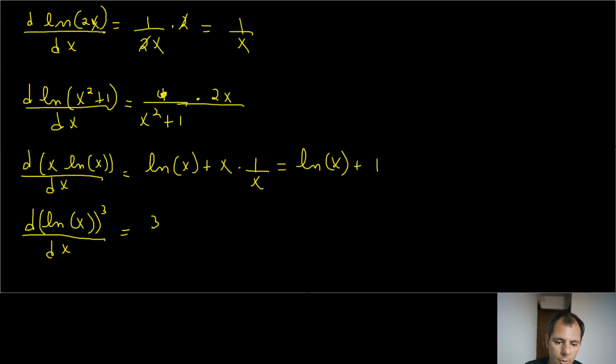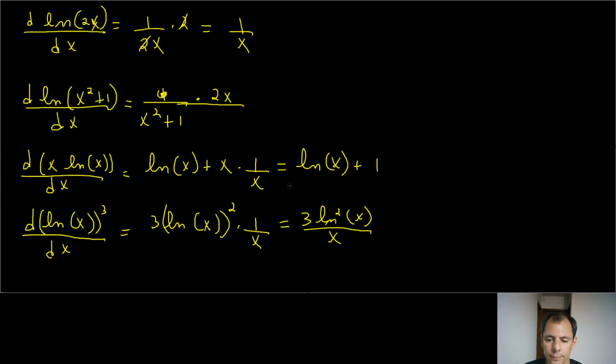This is going to be 3 ln of x, and this is squared. It's the ln that's squared, not the x. Times the derivative of the inner function, which is 1 divided by x. All right, so you can say that this is 3 ln squared of x over x.